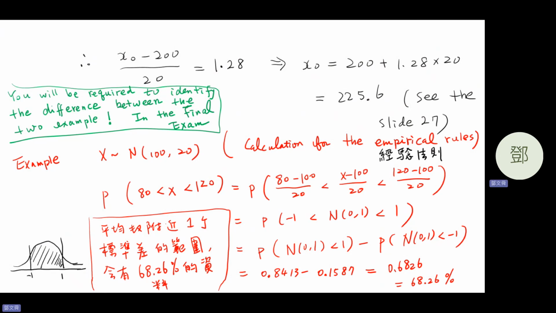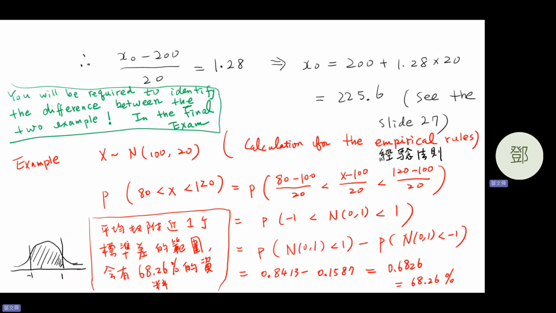Okay. If you go to the table, you see nothing with 80 something or 100 something. Okay? So you have to standardize X. So how to standardize?